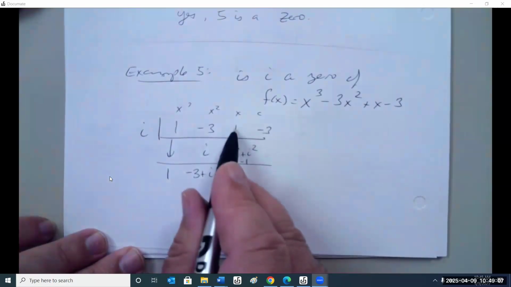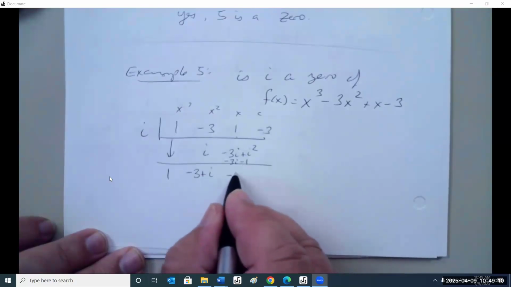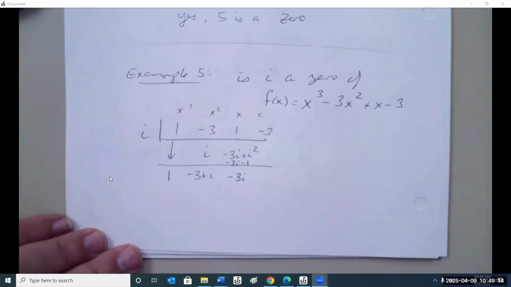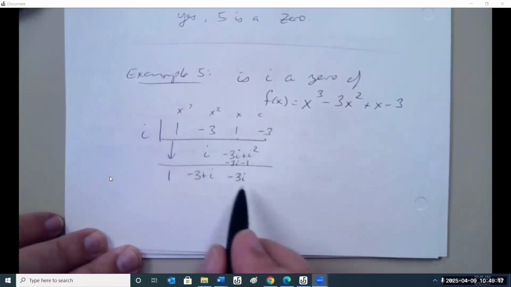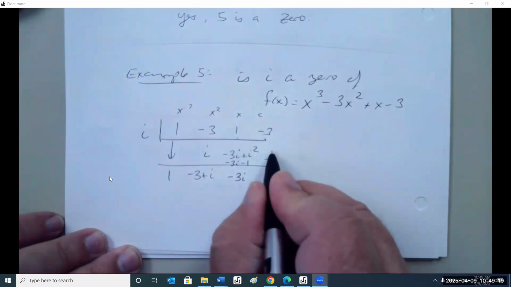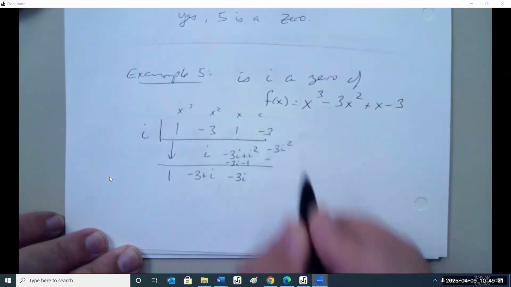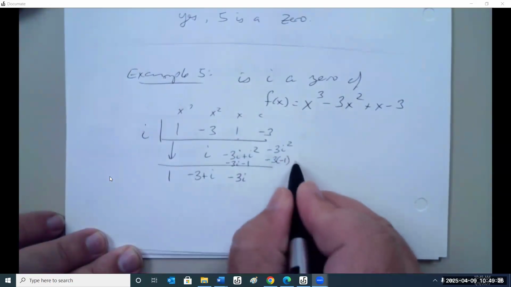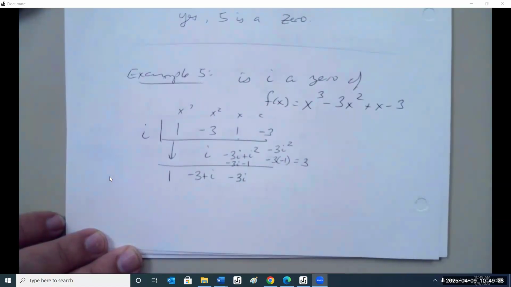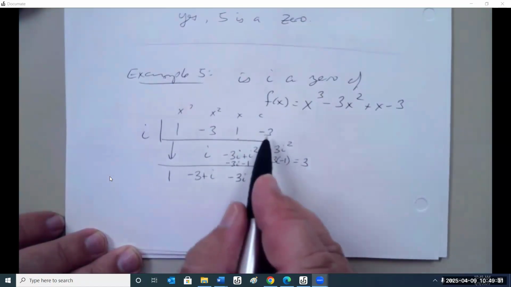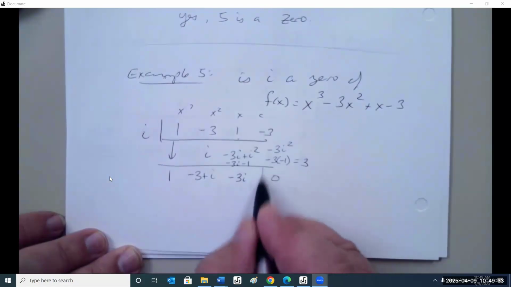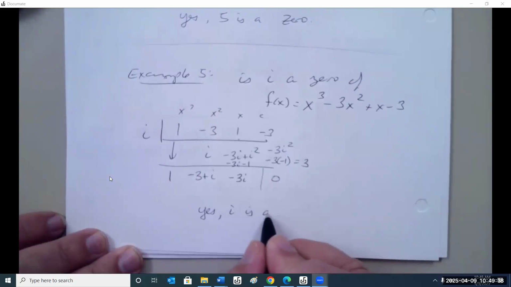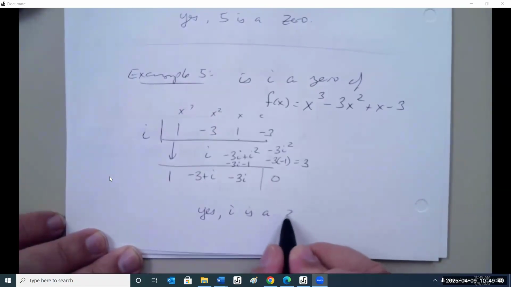So take this, add 1 to it, the 1's cancel, so we get negative 3i. So i times negative 3i is negative 3i squared. i squared is negative 1. So it equals 3. Negative 3 plus 3 is 0. Yes, i is a 0.